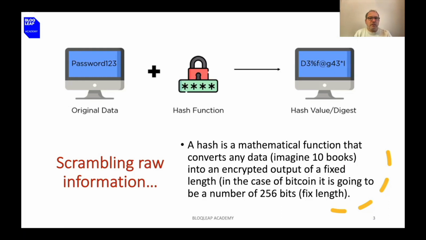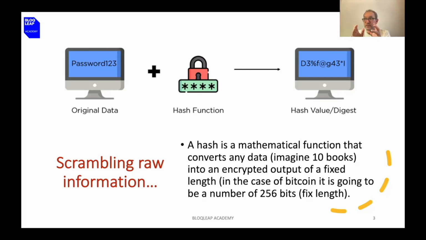And you've got an algorithm, which in the case of Bitcoin is called SHA-256. This algorithm is going to scramble all this data and create one hash value, which is a fixed length, only 256 bits.